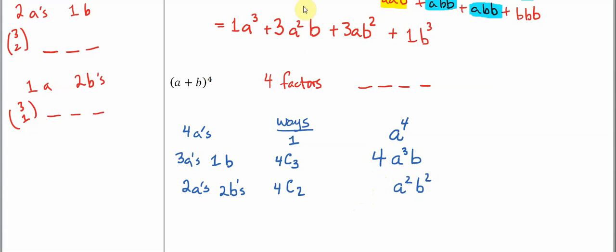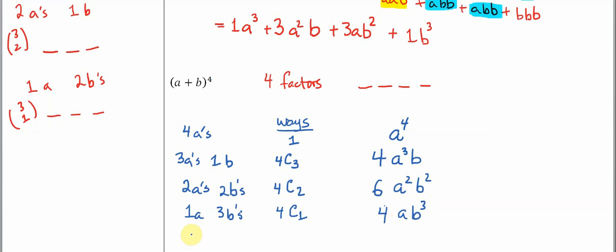And 4 choose 2 happens to be 6. Okay. And then you could have 1 a and 3 b's. Okay. And so this is 4 choose 1, right? Because there are 4 slots here, and you could choose one of them to be an A. So 4 choose 1, so this is going to be a, b to the 3rd, and there are 4 different ways to do that. Okay?